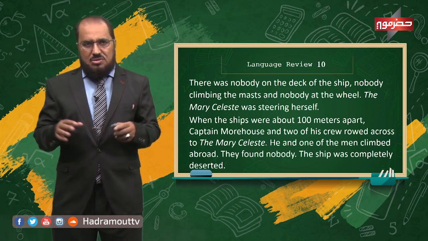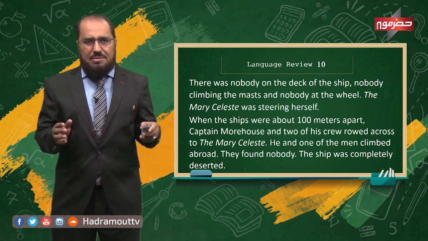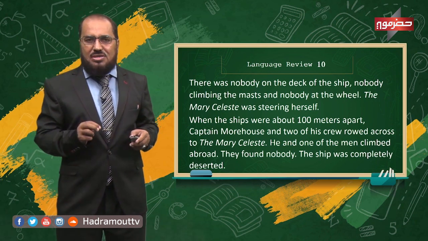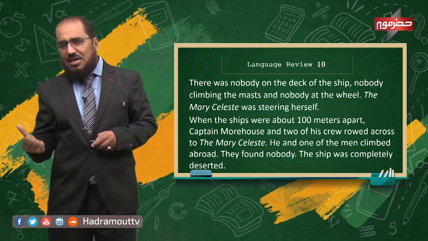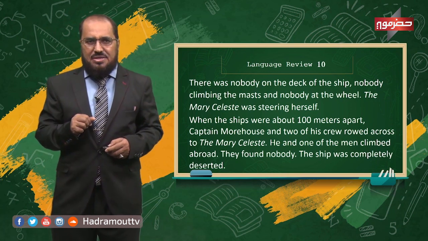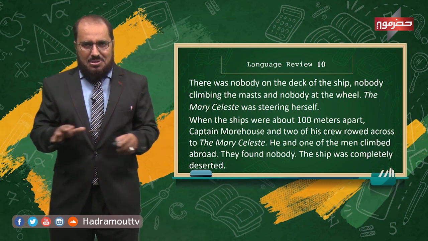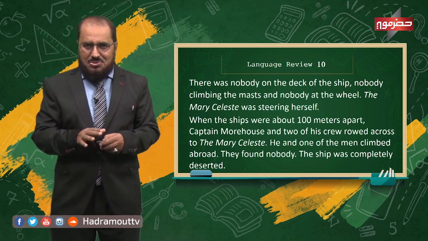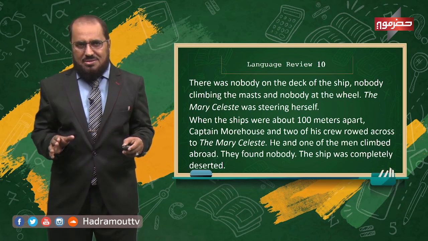When the ships were about 100 meters apart, Captain Morehouse and two of his crew rowed across to the Mary Celeste. He and one of the men climbed aboard. Then they found nobody. No passengers, no crew, no captain, nobody at all.